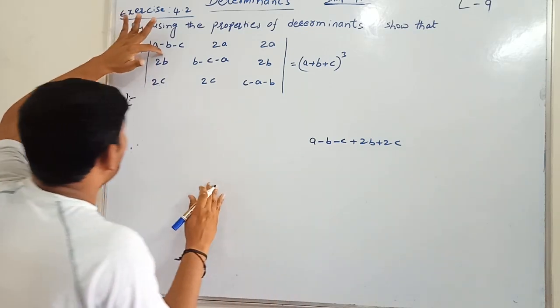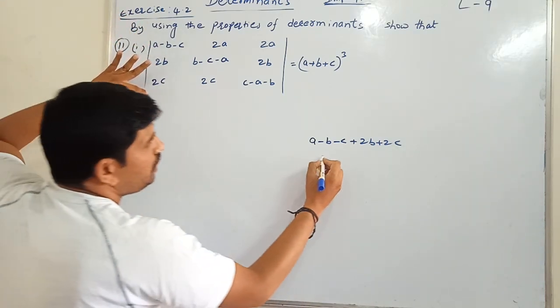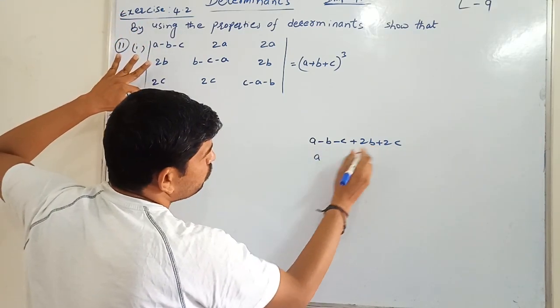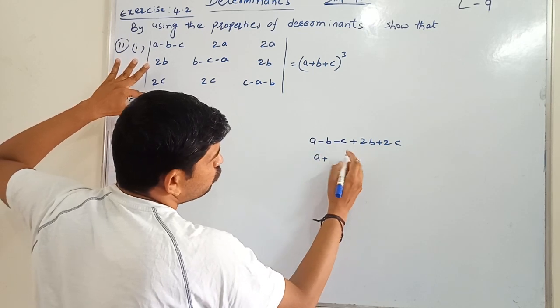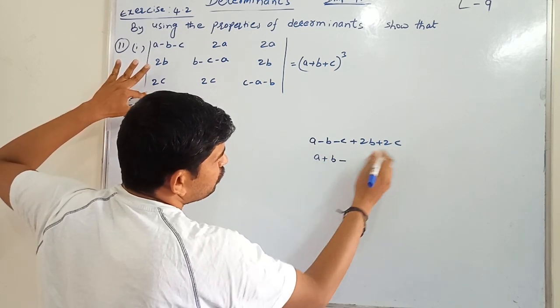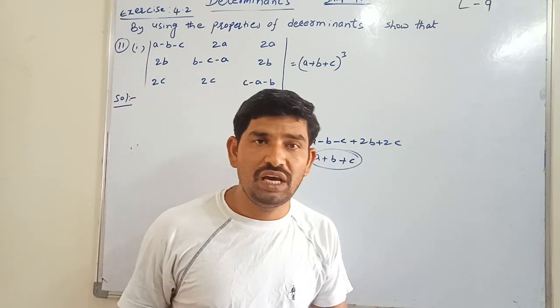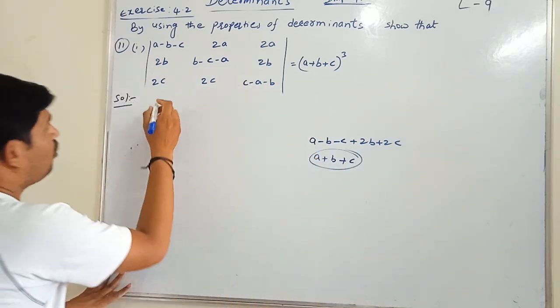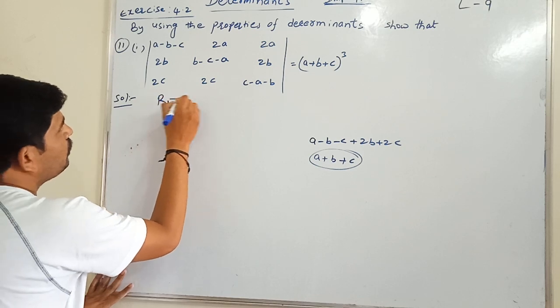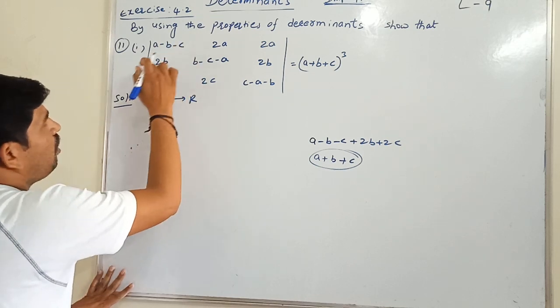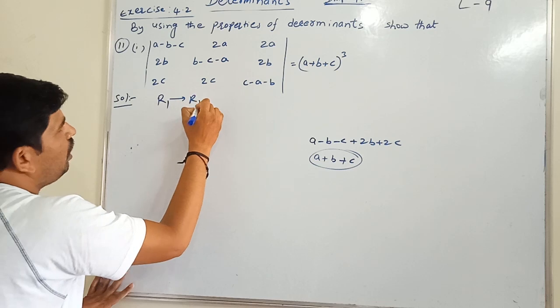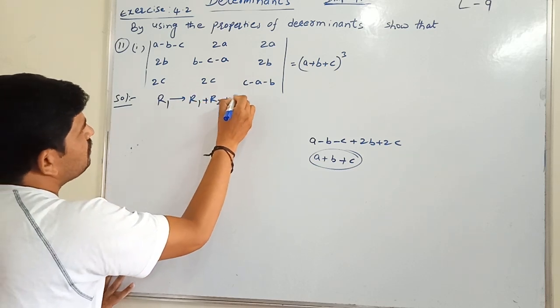If I add R1, R2, R3, A minus 2B plus 2B, it is minus B plus 2B, it is B, minus C plus 2C, what? C. Definitely I will get A plus B plus C. Yes or no? So that's why I am using the operation here: R1 tends to R1 plus R2 plus R3.